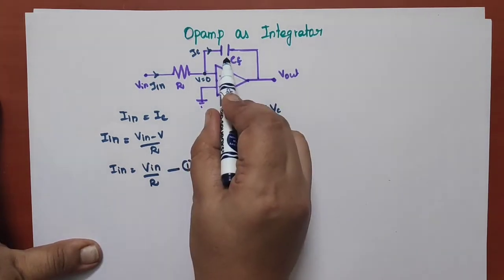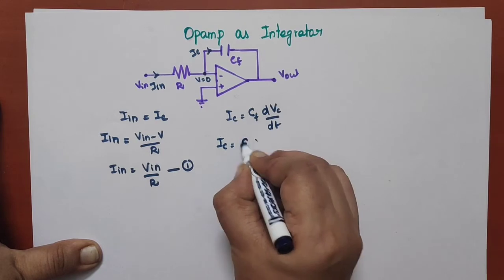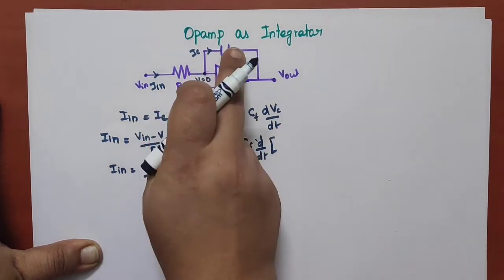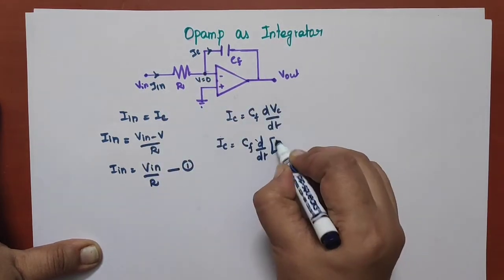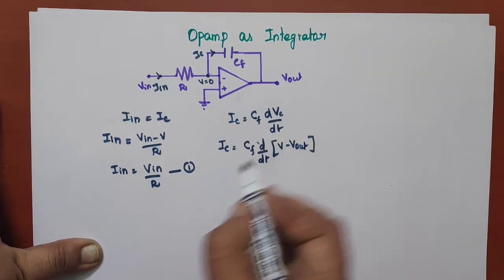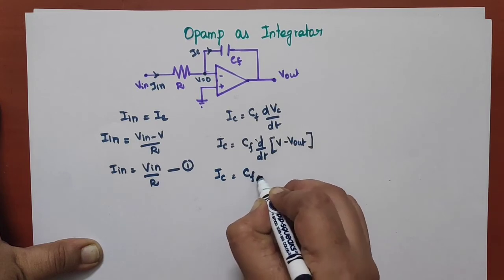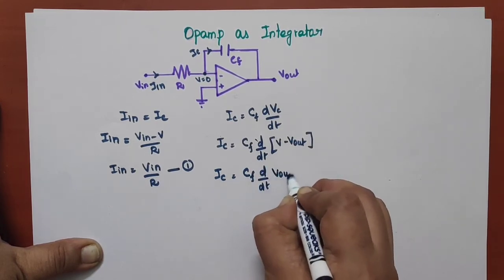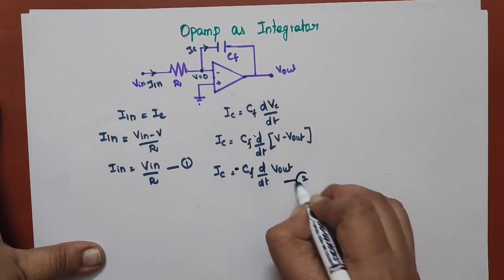The voltage across the capacitor is V minus V out, so IC is equal to CF into d by dt of (V minus V out). Here V is equal to 0 volts. We can write IC is equal to CF into d by dt of minus V out. Let it be equation number 2.